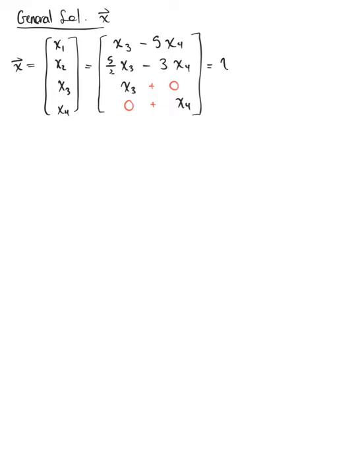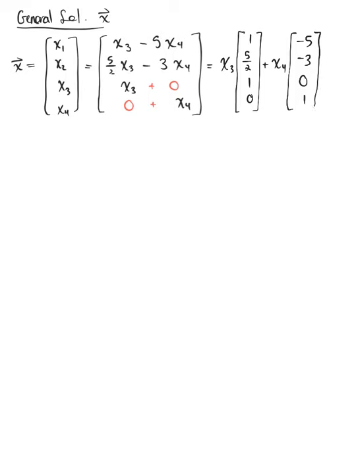So we have, factoring out the free variables, I have x sub 3 multiplied by the column vector 1, 5/2, 1, 0. And then we have the free variable x sub 4 multiplied by the column vector -5, -3, 0, 1. And this is, of course, such that x sub 3 and x sub 4 are scalars.